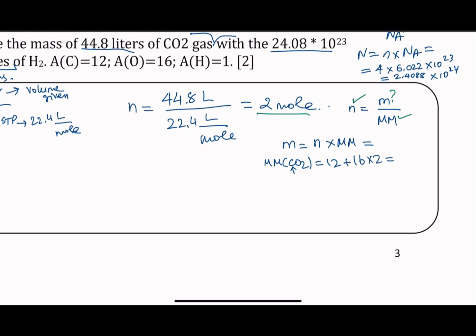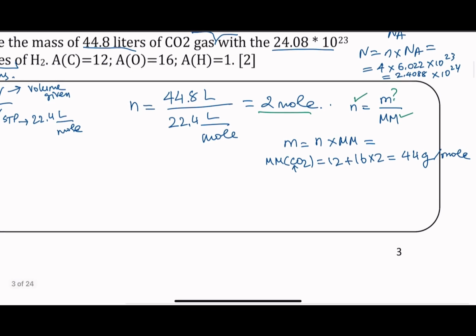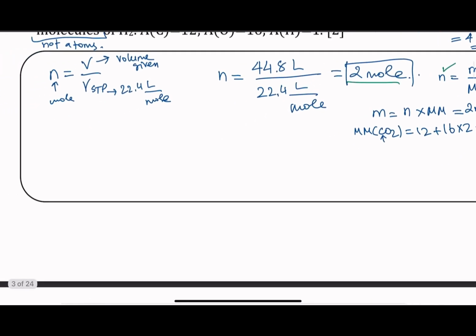Now you got 44 grams per mole. And from here you already know the number of moles. 2 moles multiplied by 44 grams per mole, this would be 88 grams. Okay, this is the mass of CO2.